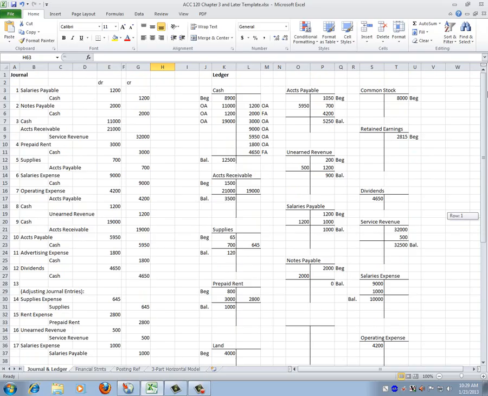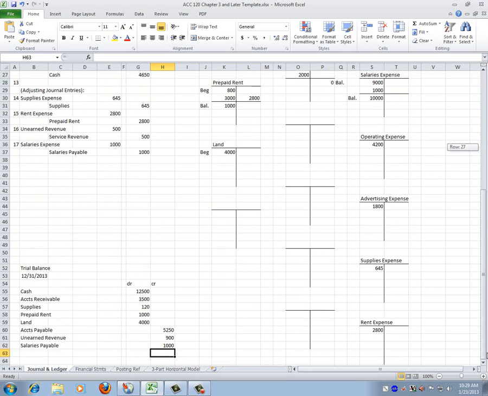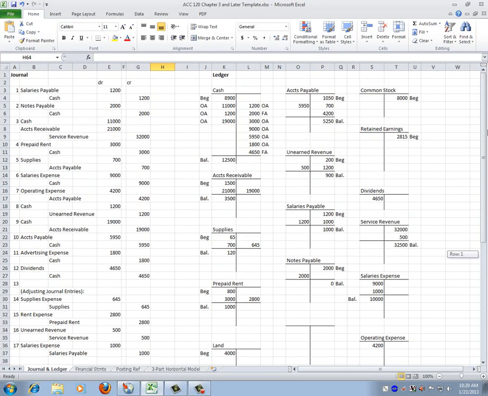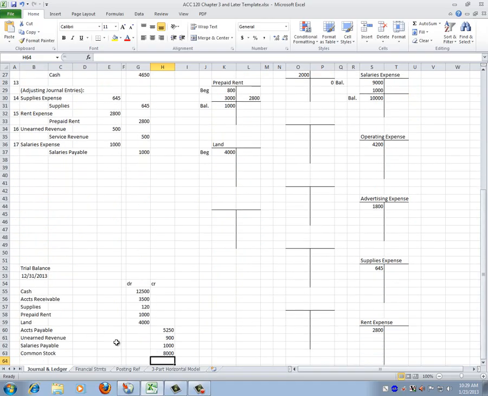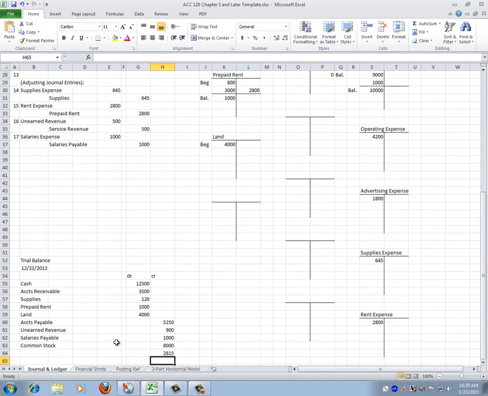Moving to our couple of equity accounts for best form next. Common stock 8,000, right side as expected, as is normal being an equity account. And retained earnings 2,815, right side as is normal being an equity account.